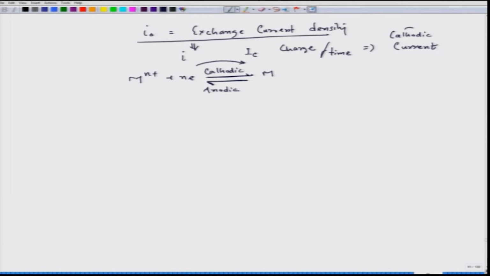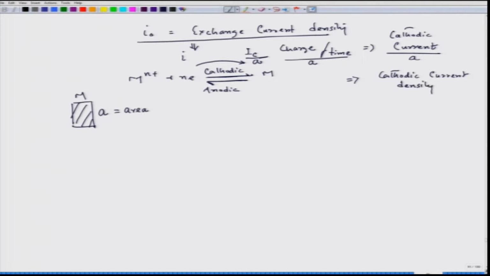Now, let us say this is the metal surface on top of which the cathodic reaction is taking place. We can divide by this area A, and then we get the cathodic current density.